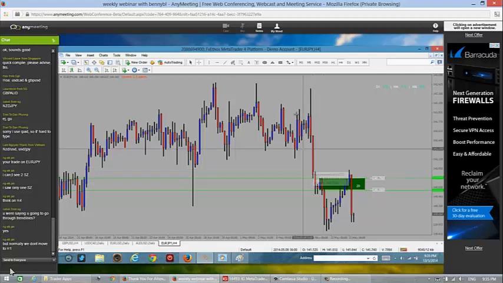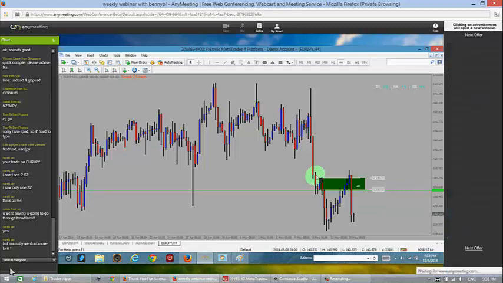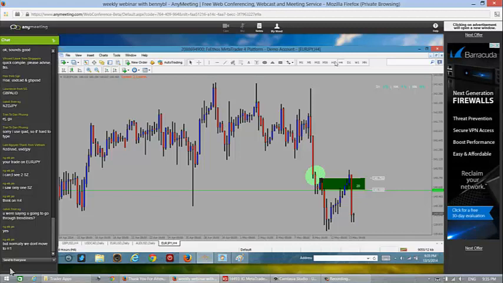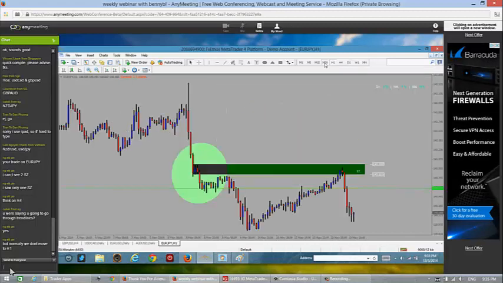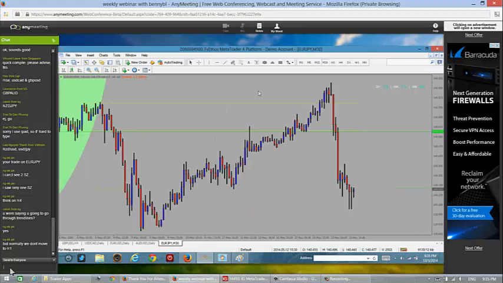Can you see this? I'm trying to circle here. Okay, let me erase this. See this area? I want to find out, is there something there? So I have to play around with a different time frame and see, do I see something there in the smaller time frame?